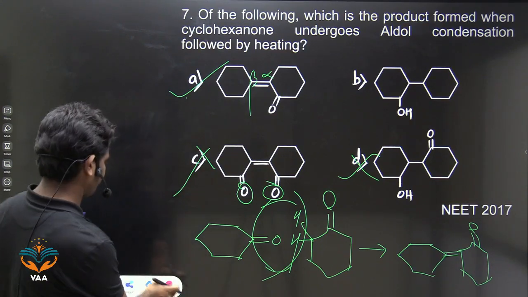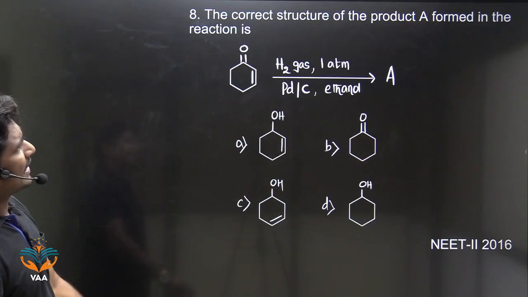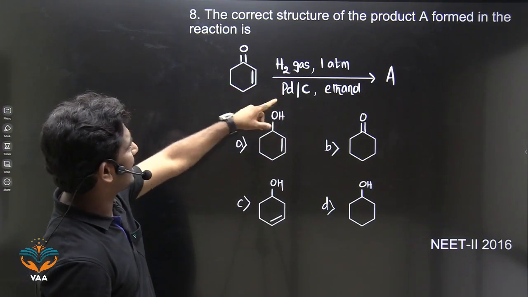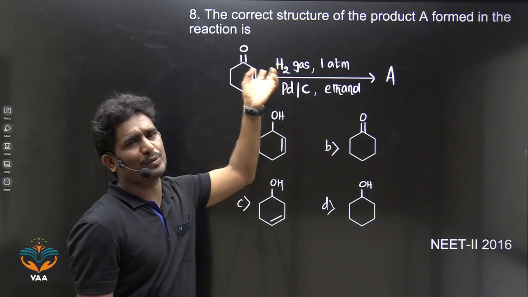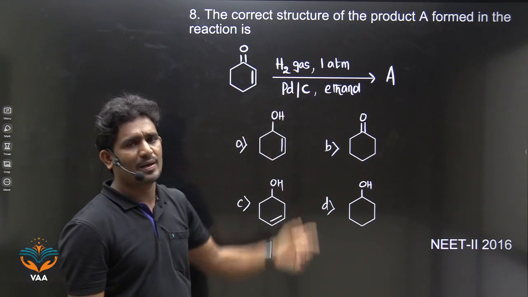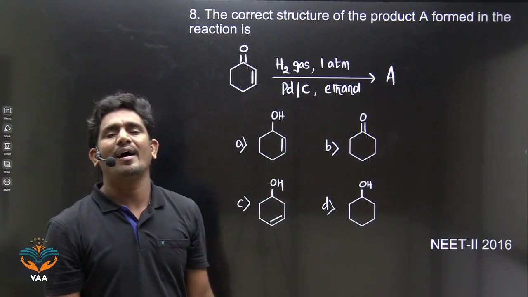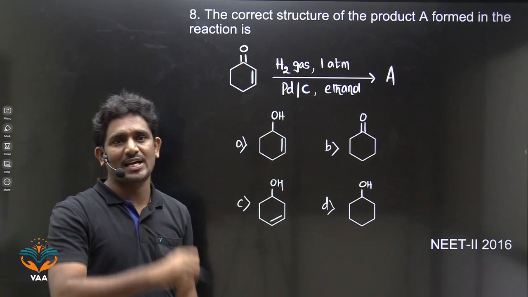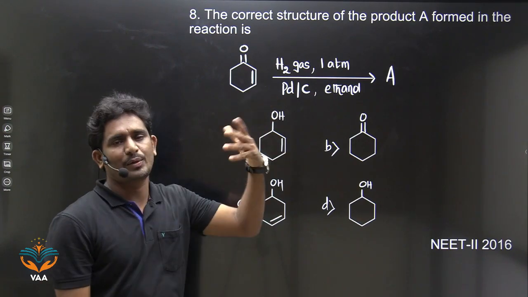Okay, right. Next one, the correct structure of the product A formed in this reaction. So what is given? Hydrogenation, which is very easy, you know. What is given? Palladium carbon. Palladium carbon is somewhat less reactive. So partial hydrogenation takes place.